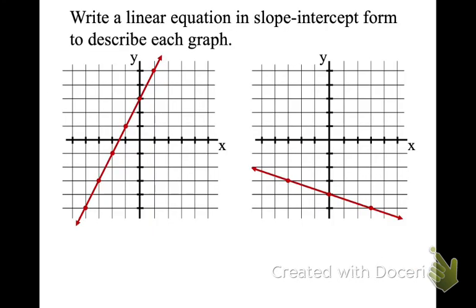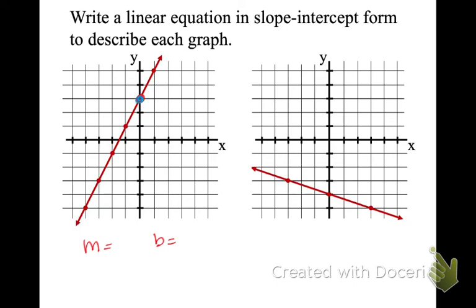So, all right, write a linear equation in slope-intercept form to describe each graph. Now, this is actually pretty easy. We need to find our y-intercept, our m, and our b. The b is the y-intercept, and that is right here. I'm going blue.